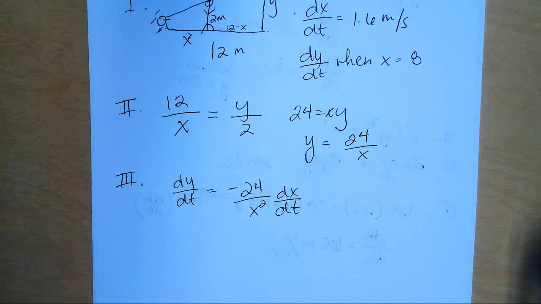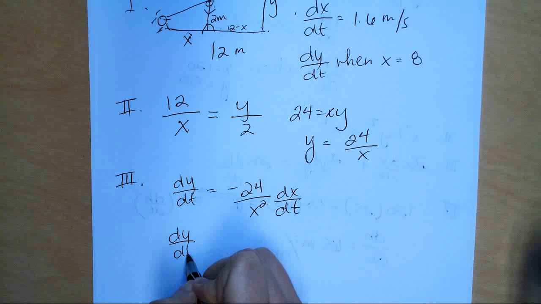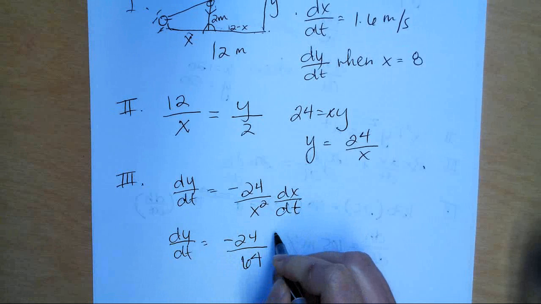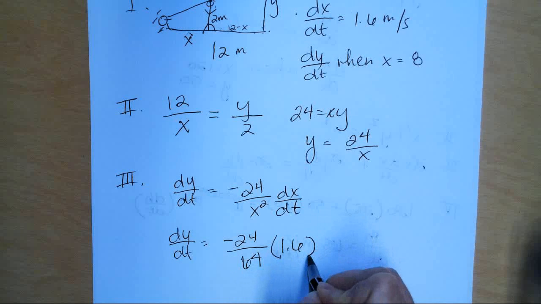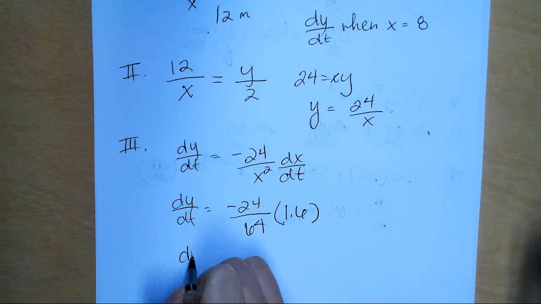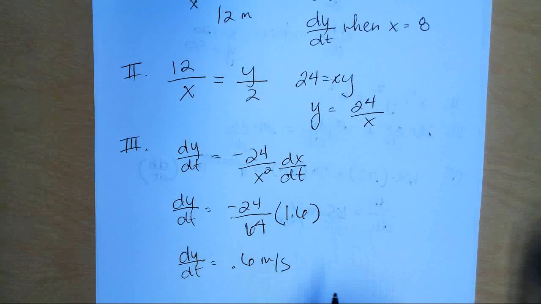Right? Okay. So therefore dy/dt equals negative 24 over 64 times dx/dt, which is 1.6. So what does that give me? 0.6 meters per second.